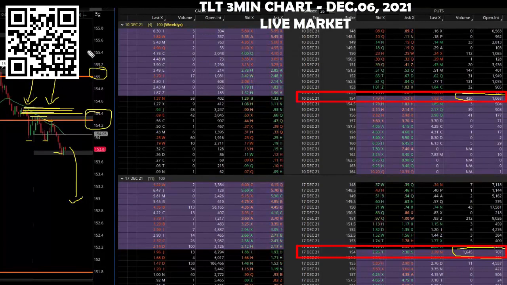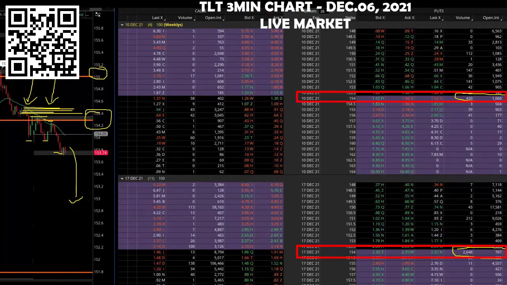So for now, I wait. For now it's making lower highs, lower lows. Makes logic. Sell zone on the stock, making lower highs, lower lows. Seeing bearish, see here, big volume, 2,600 contracts.